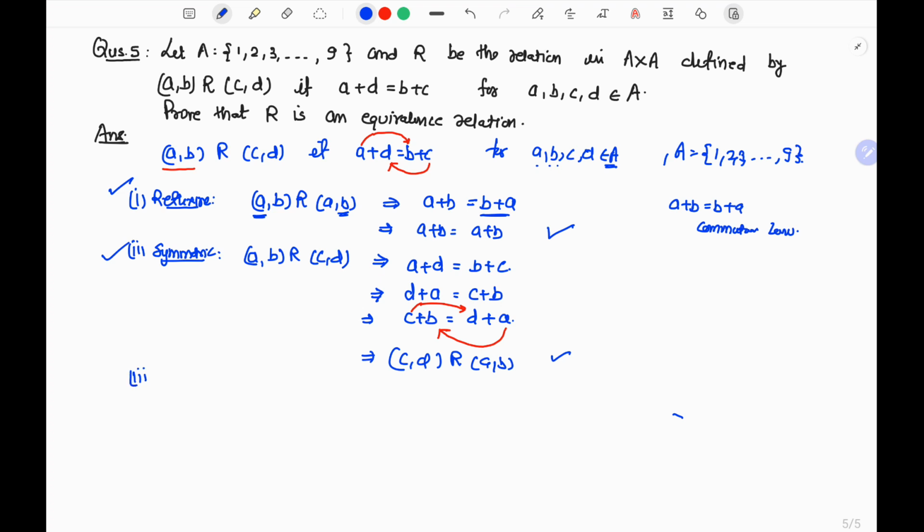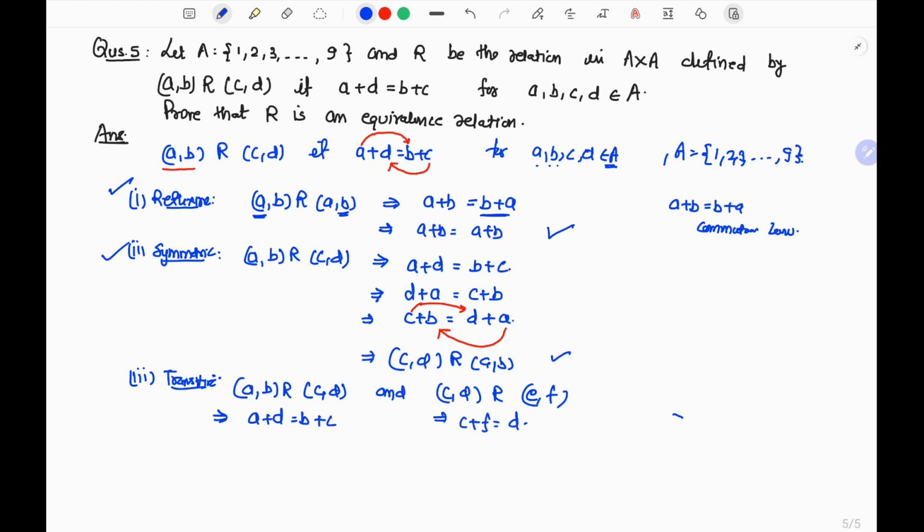And third, we have to check if it is transitive. Transitive relation says that suppose (a, b) is related with (c, d) and (c, d) is related with (e, f). Then we have to check whether (a, b) is related to (e, f). This implies that from the given expression, we can write a plus d is equal to b plus c, and c plus f will be equal to d plus e.